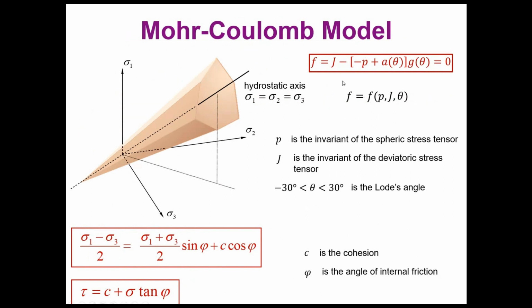So the Mohr-Coulomb model is, as I mentioned before, one of the most used and famous models in soil mechanics and geotechnical engineering, because this model includes two parameters that are very well known in the civil engineering community: the cohesion and the angle of internal friction.